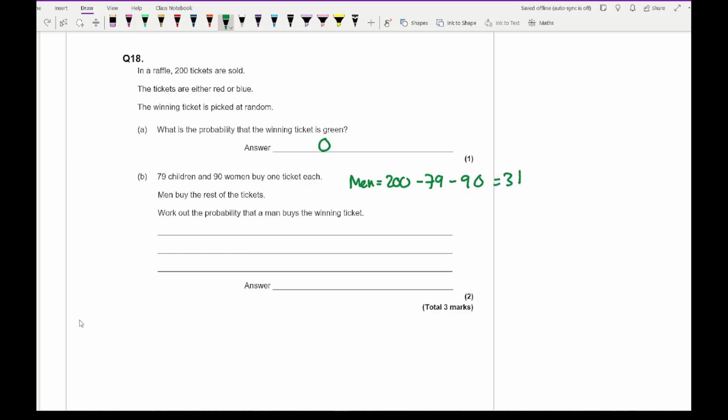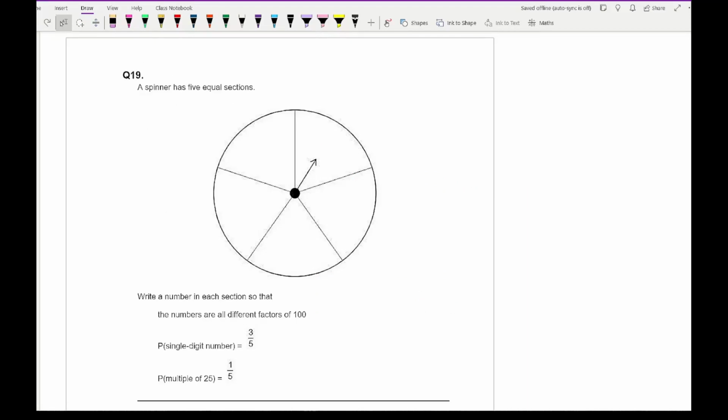So the probability of a man winning is going to be 31 over 200, or you could write that as a decimal, which is 31 divided by 200, which is 0.155.